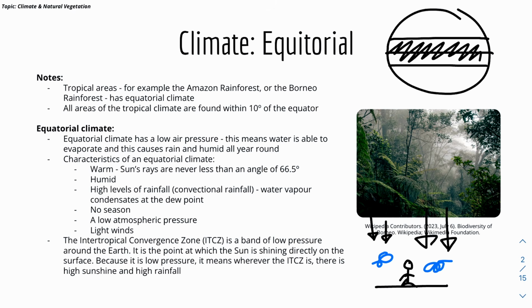So at one part of the year, the ITCZ might be right at the equator, so there will be high rainfall and high sunshine. Whereas other parts of the year, it may be up here, so up here has high rainfall and high sunshine, and another part of the year, it may be down here. And this basically forms seasons, like the summer season.